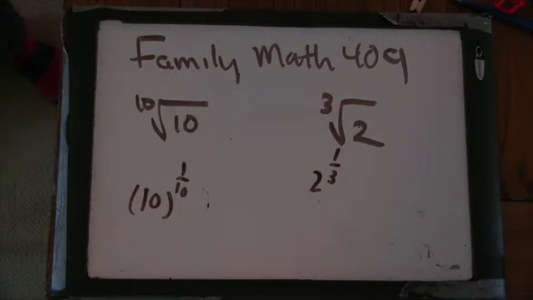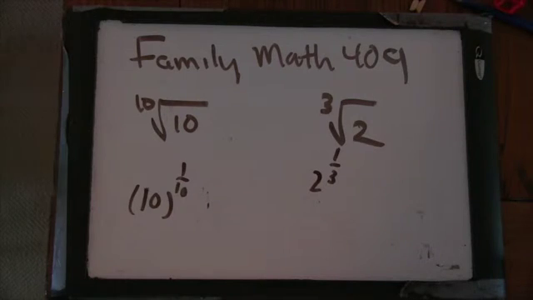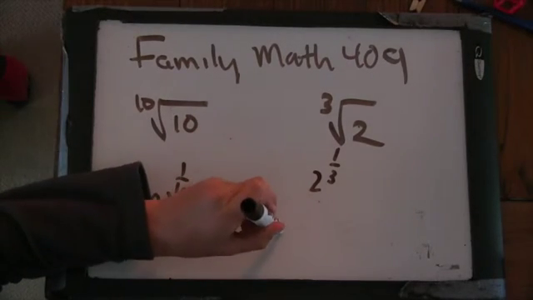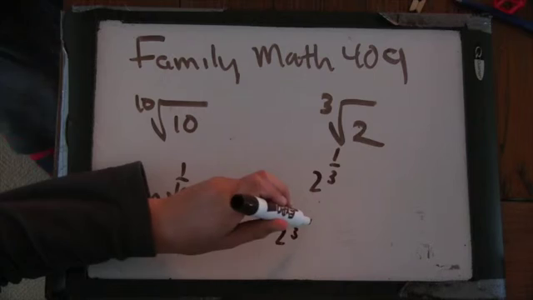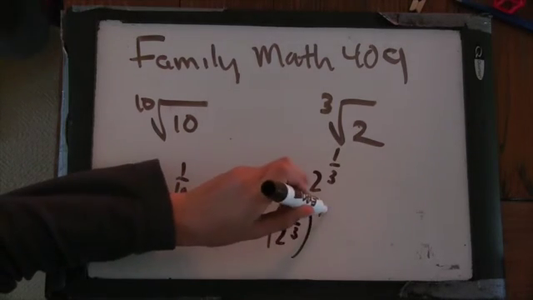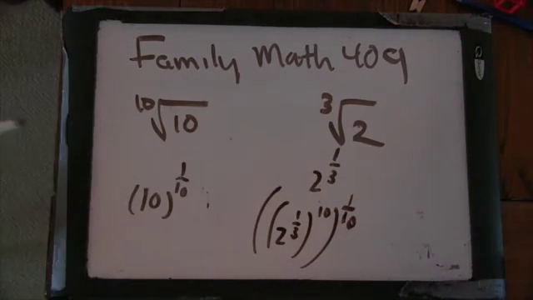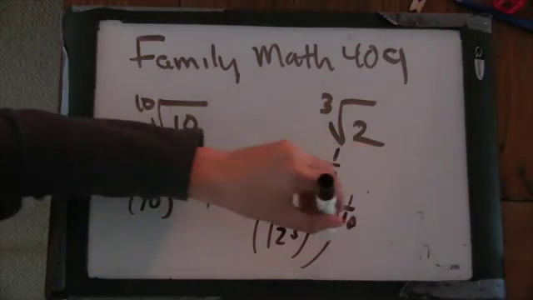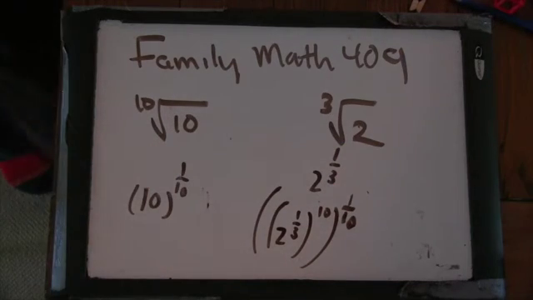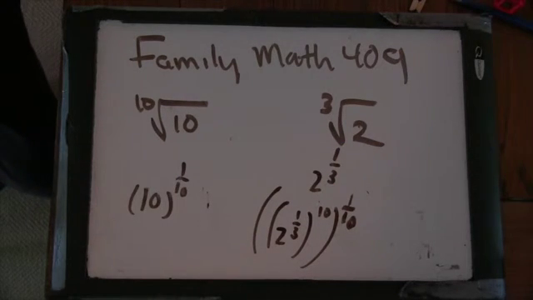Okay. Now I'm going to say that this is 2 to the 1/3 to the 10 to the 1/10. This equals 2 to the 1/3 because these would cancel out. All right. Good. This is a very interesting way of thinking about it.